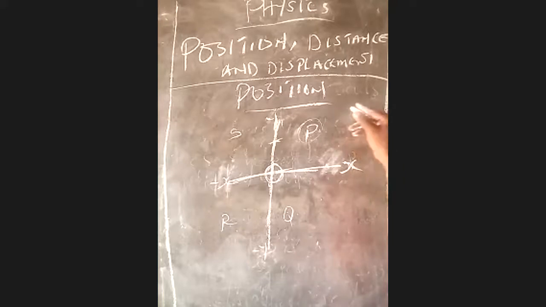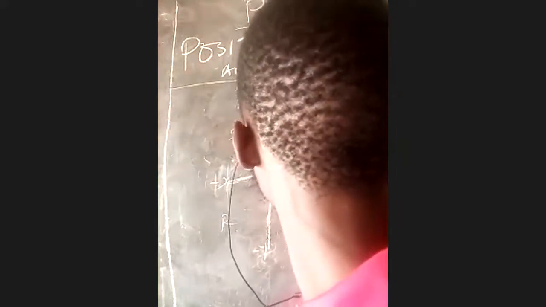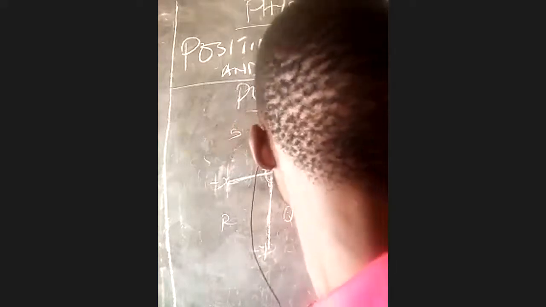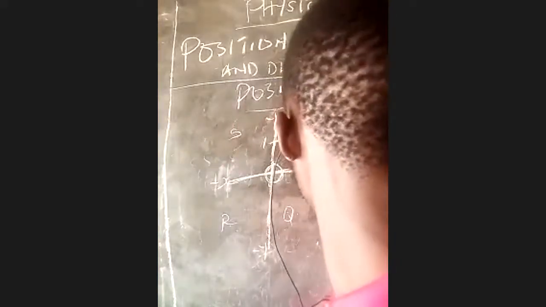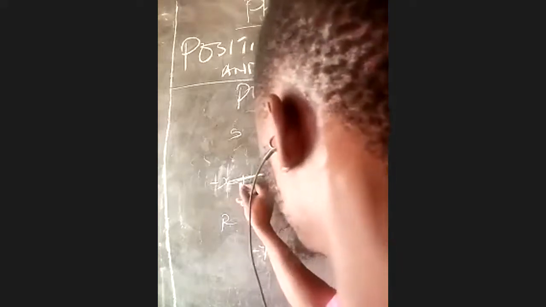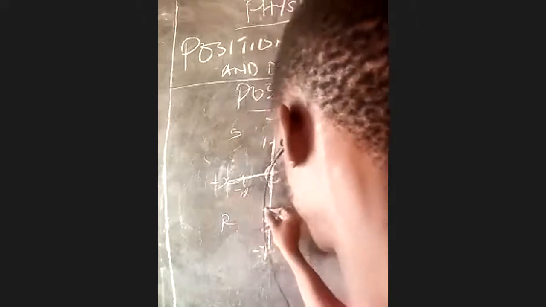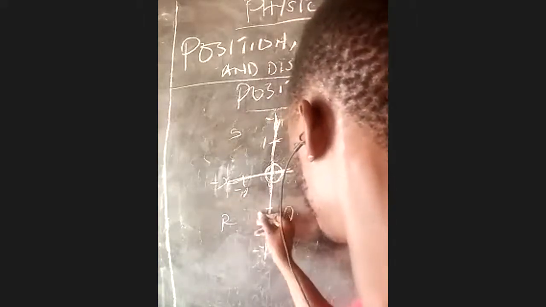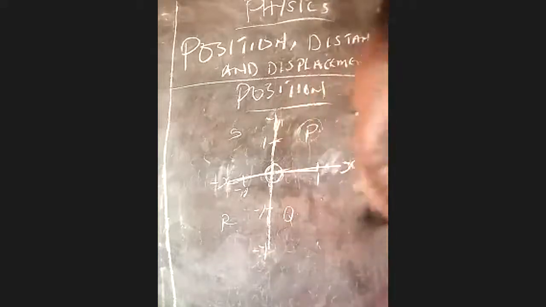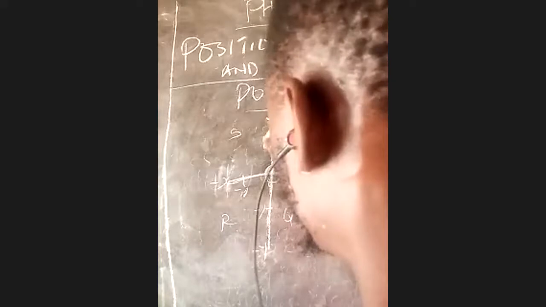Now, if this place is 0, let's put this place to be 1. Let me mark another point here to be minus 1. Remember that the upper part is the positive.